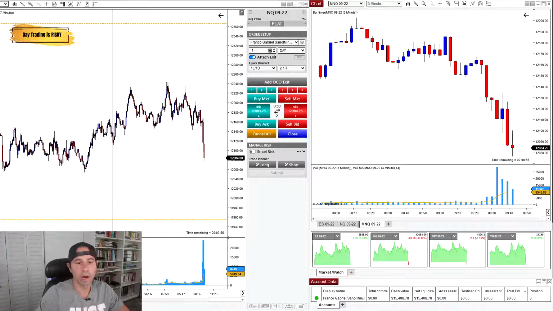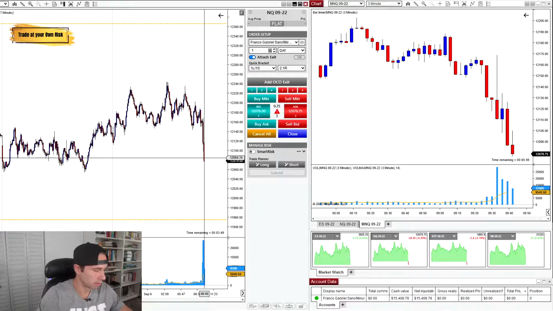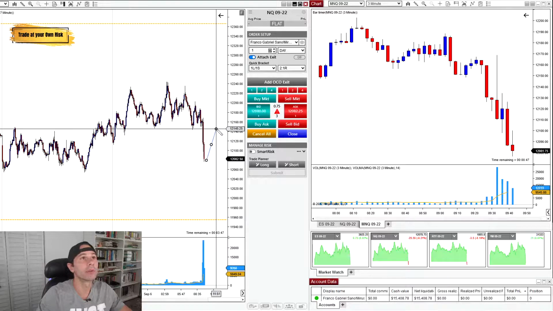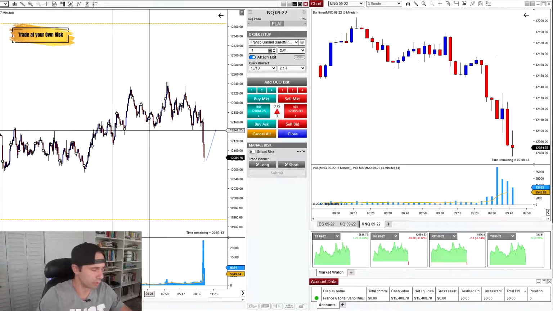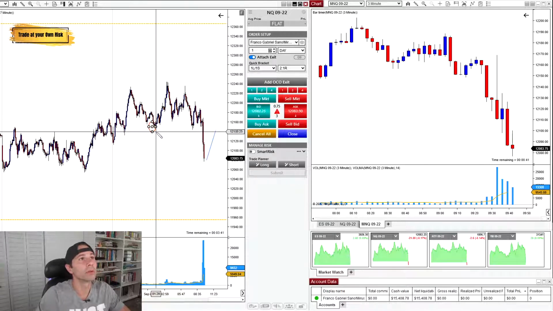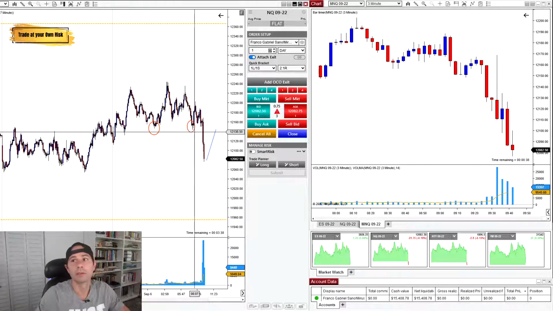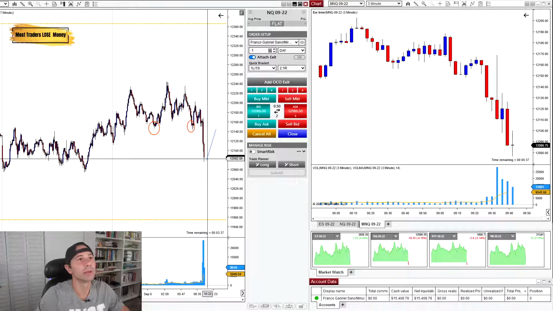I don't want to get caught here shorting at 80 because I'm expecting a retracement probably to these 144. 144 is beautiful. Probably with the news right here, that'll be amazing for me.